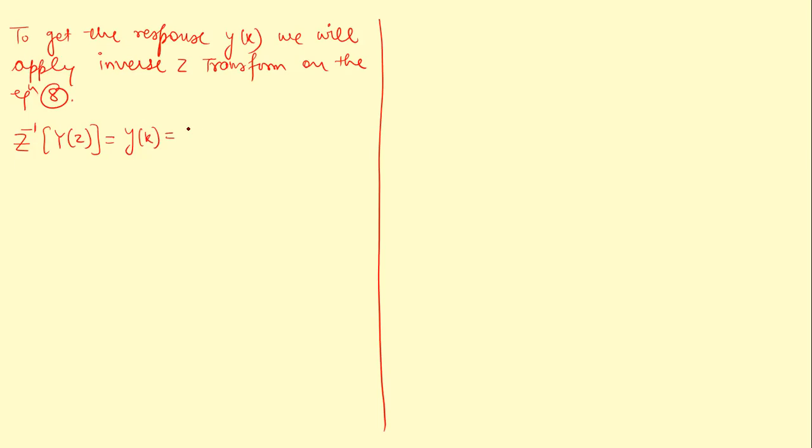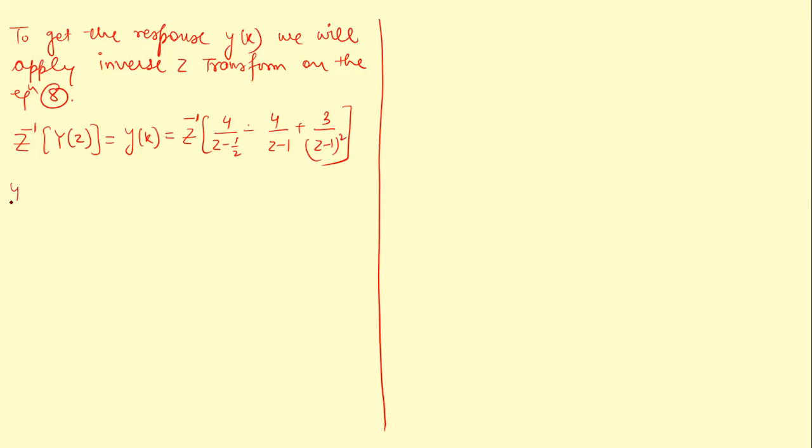So it is inverse z transform of 4 by z minus 1 by 2 minus 4 by z minus 1 plus 3 by z minus 1 whole square, right?